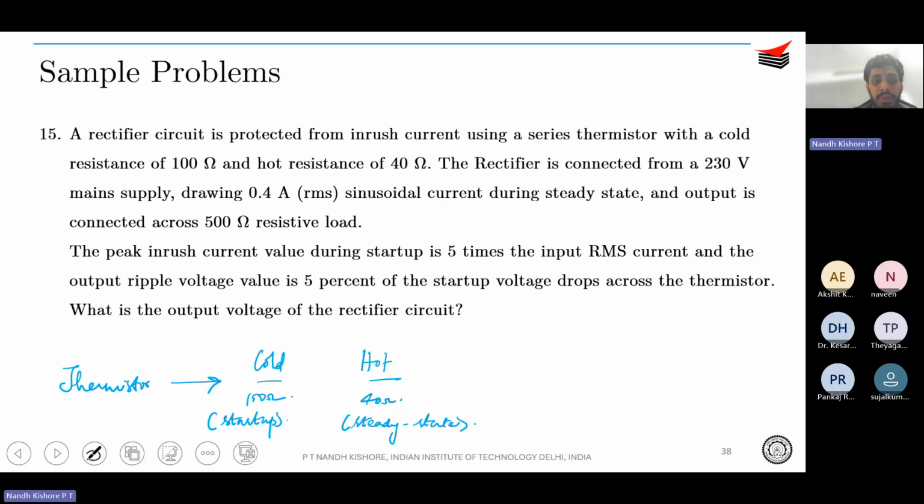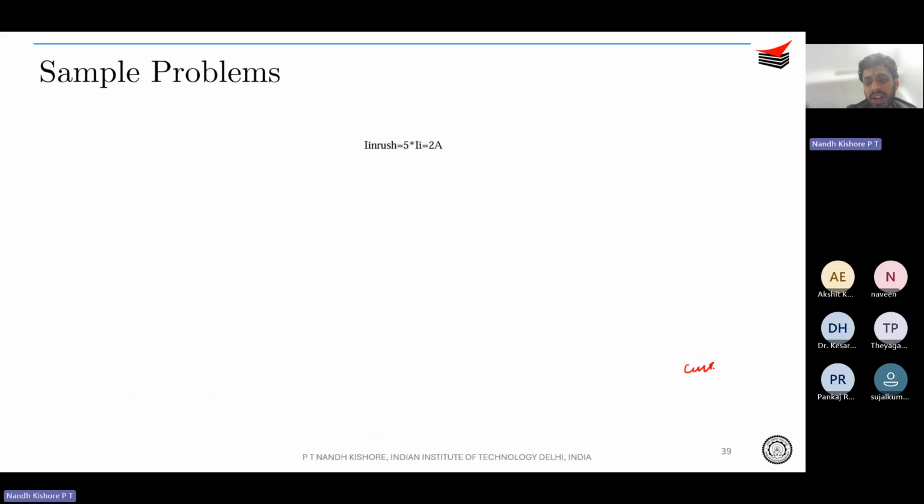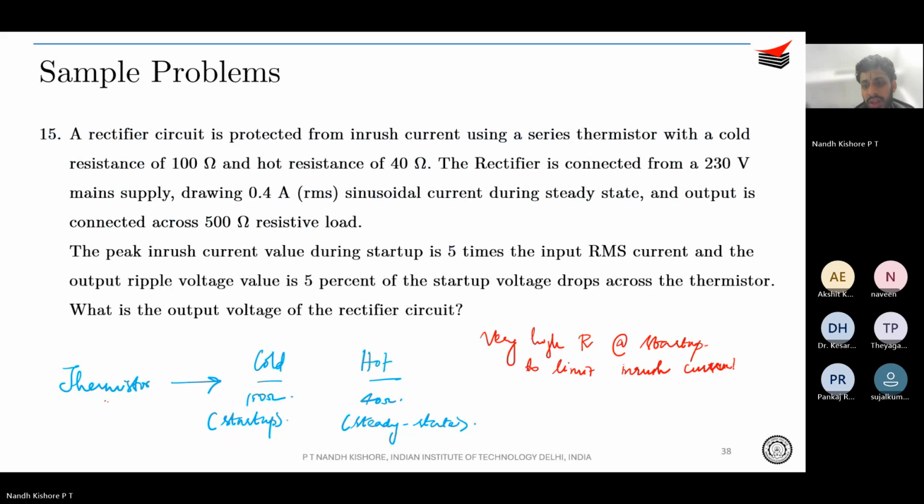So in order to minimize the losses, people came up with this thermistor solution, wherein the thermistor will have a very high resistance at startup to limit the inrush current, and lesser resistance at steady state to reduce losses and increase efficiency.